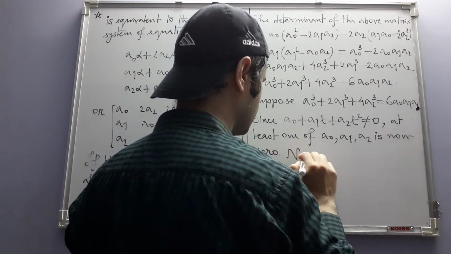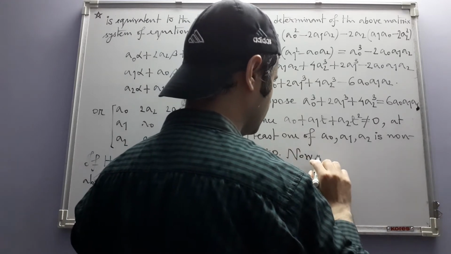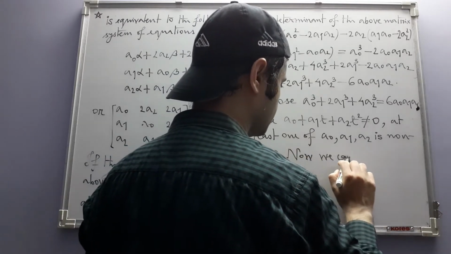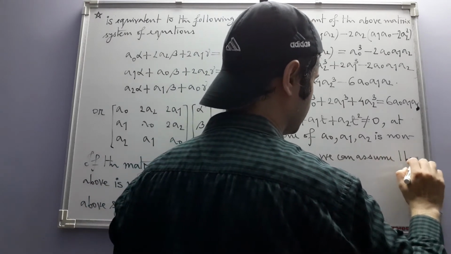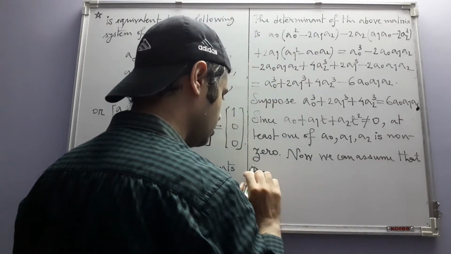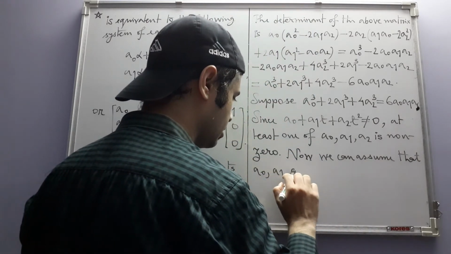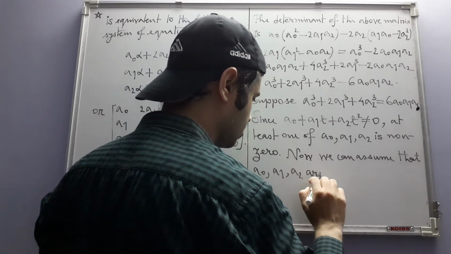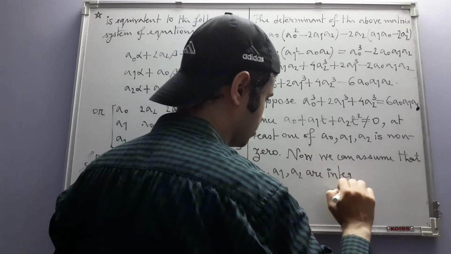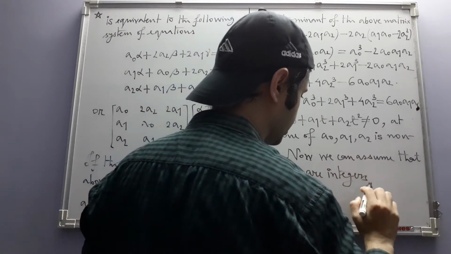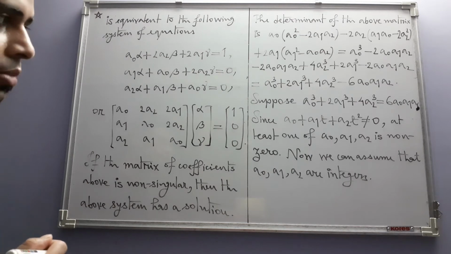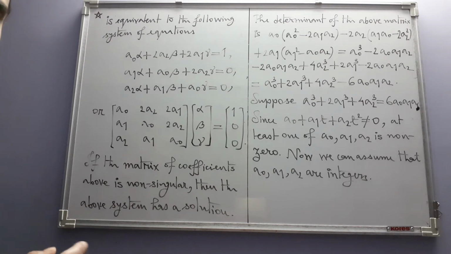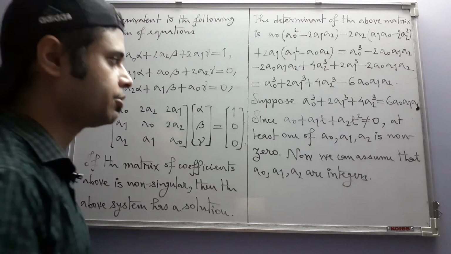Now we can assume that a0, a1 and a2 are integers. Originally a0, a1 and a2 are rational numbers, but we are saying that we can assume them as integers. Why? What is the justification for that?